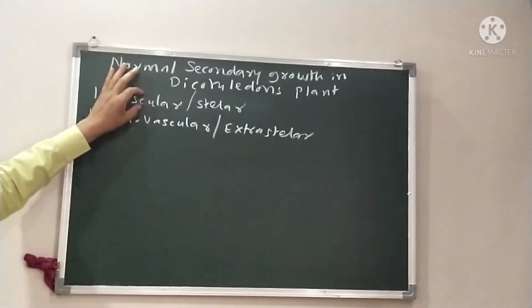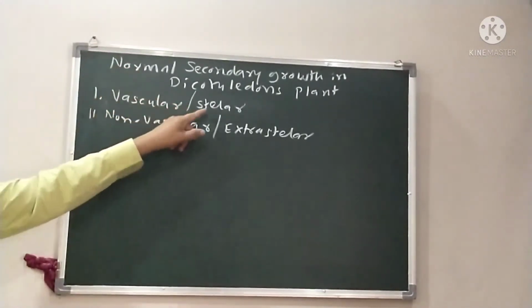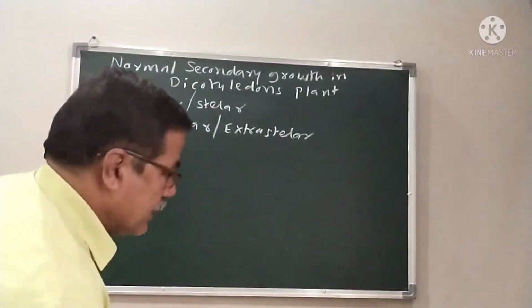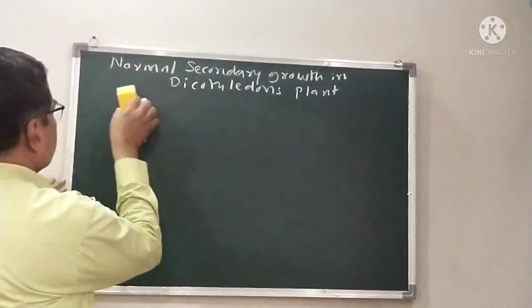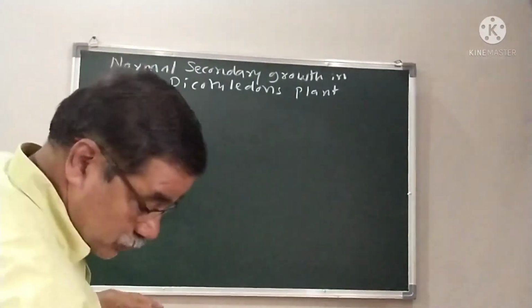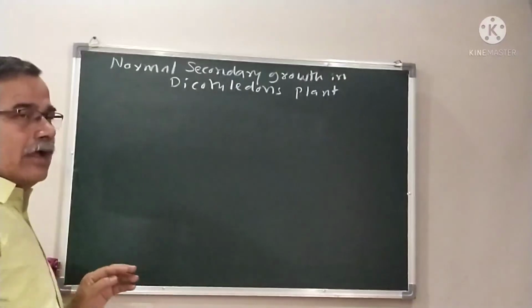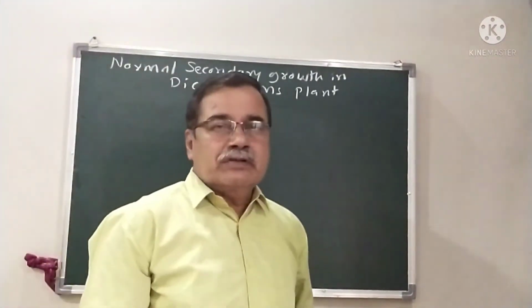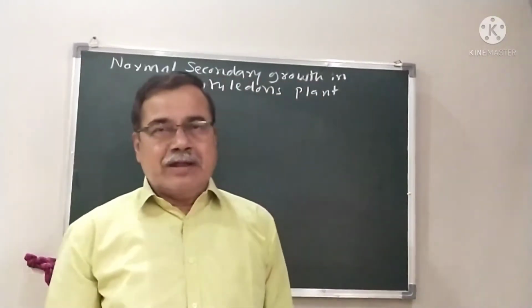First, the major portion, that is the vascular development, the stellar development. Due to the limit of the board, I am showing it here. In a dicot plant, in the first few seasons the growth is a normal one.